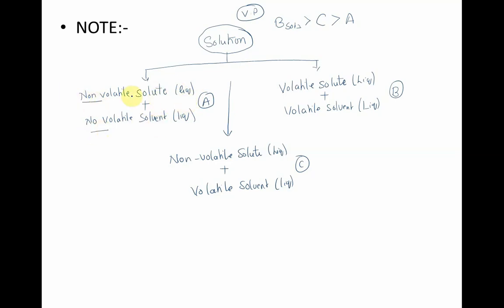Therefore, vapor pressure will be least. But in case of B, both solute and solvent are volatile in nature. Therefore, the vapor pressure is maximum. And in this case, volatile solvent is there and non-volatile solute is there. Therefore, vapor pressure is in between A and B.